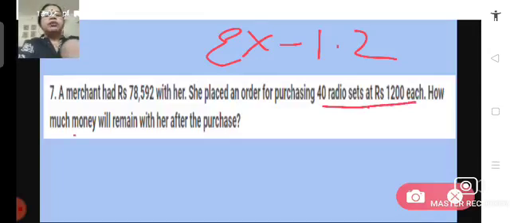How much money will remain with her after the purchase? So, the merchant has 78,592 and she purchases 40 radio sets, each worth rupees 1,200. So, what will be the money left with her?